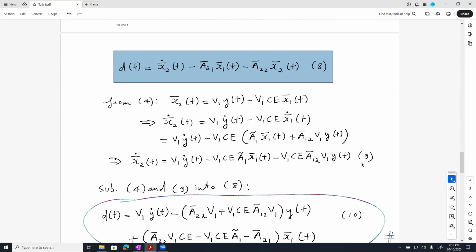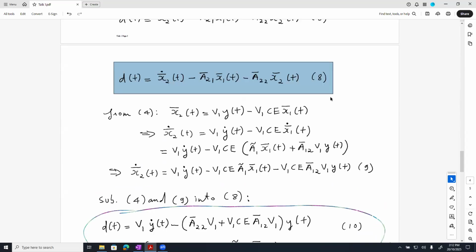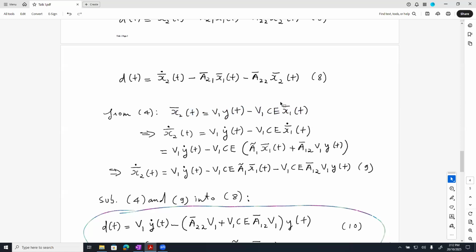Now, when we look at this equation, we know what x2 bar is in terms of the output measurement and the reduced order vector x1 bar. We can also take the differentiation of both sides with respect to time.